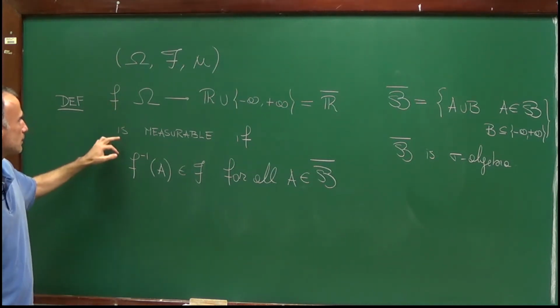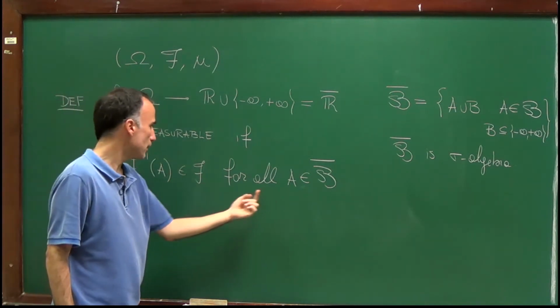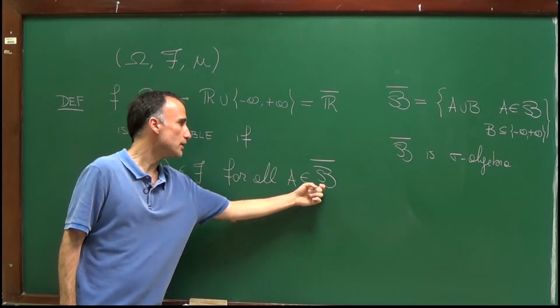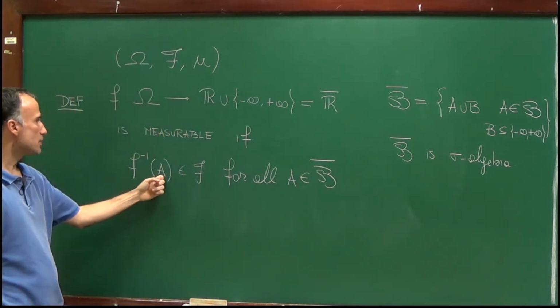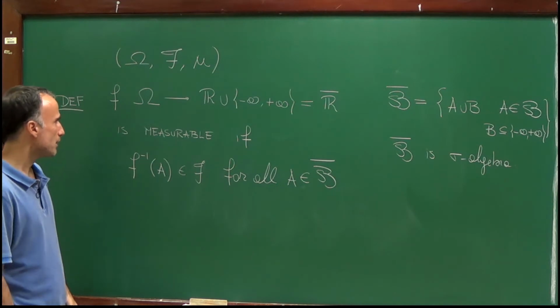Right? So we'll say that some function f is measurable if for all sets A in B bar, the inverse image by f of A belongs to the sigma algebra F. Okay?